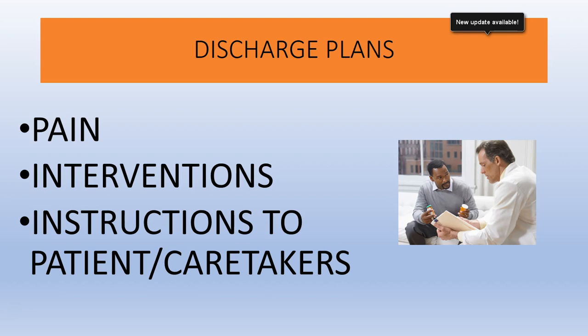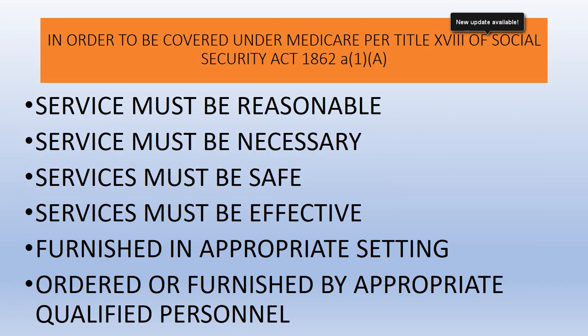After we have evaluated the patient for their wound, administered appropriate care, our discharge plans should include our intended treatment for any pain, any home therapies or interventions that are going to be performed, and what our future plans are for evaluation of that patient.